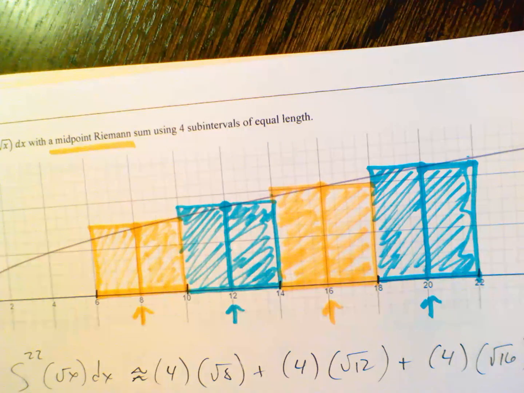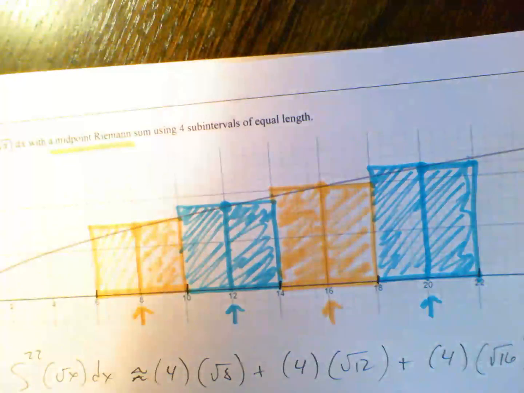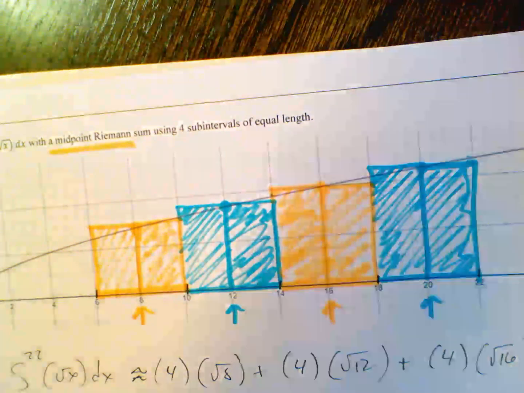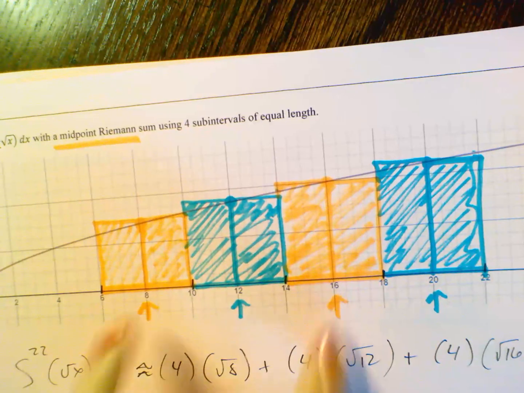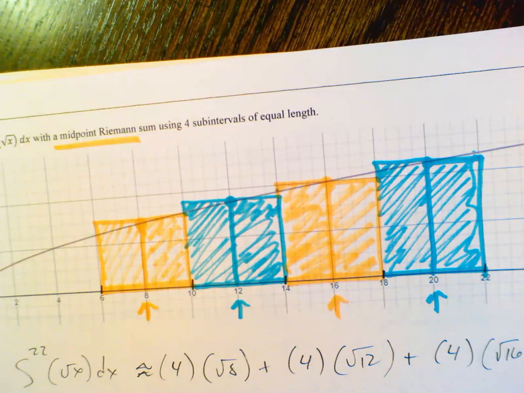And if you finally took a limit and let the number of rectangles go to infinity, that is actually the definition of an integral, doing a limit with these rectangles. That will give you the exact area. Okay, but we're not going to do that.